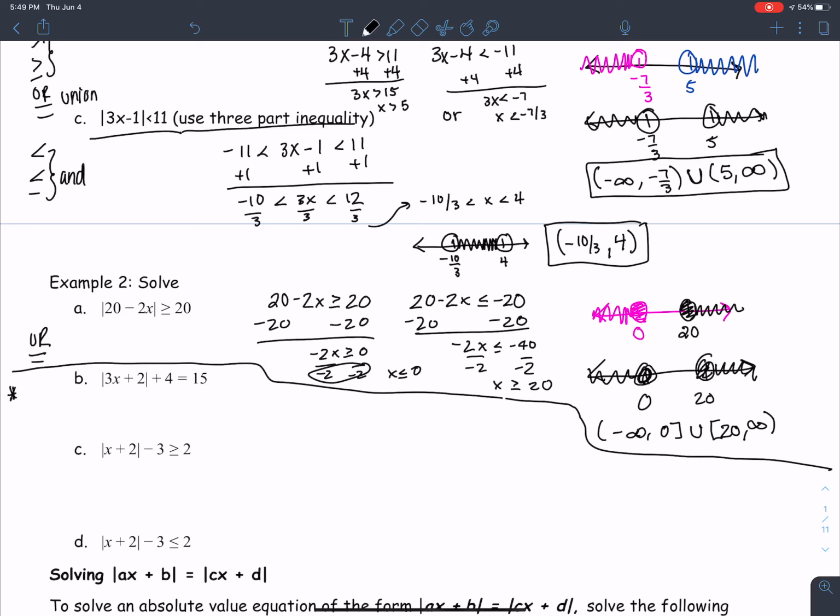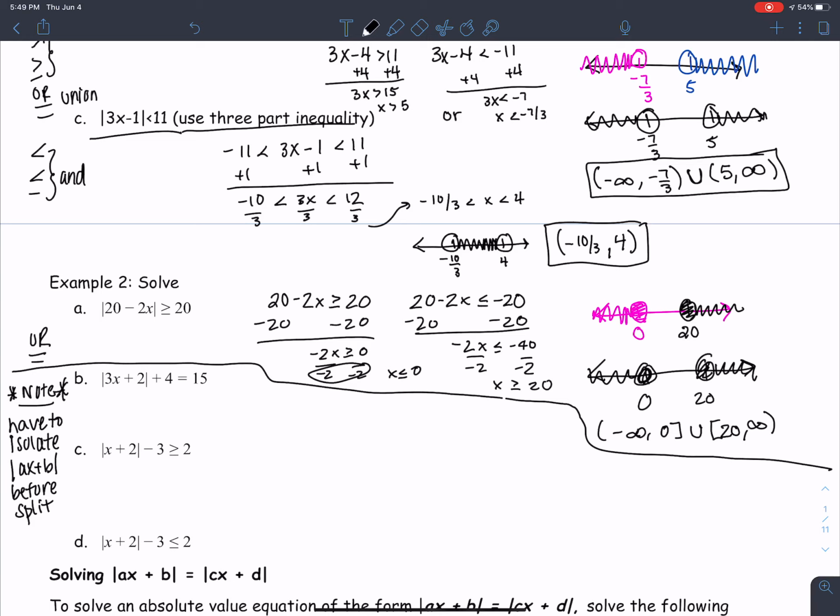So note, have to isolate absolute value before split. This will cause you to get the wrong answer if you don't do it correctly, okay?